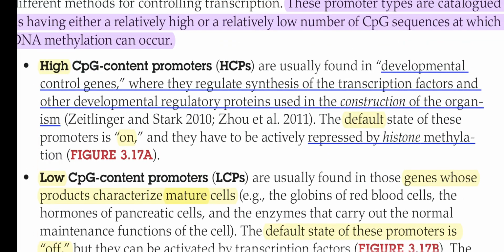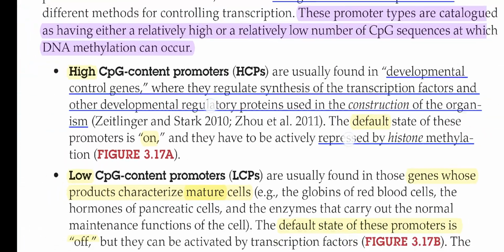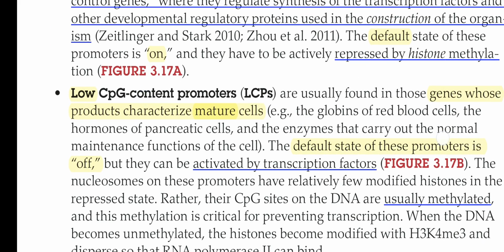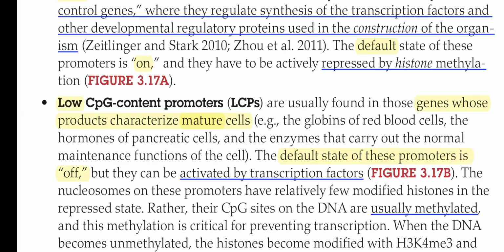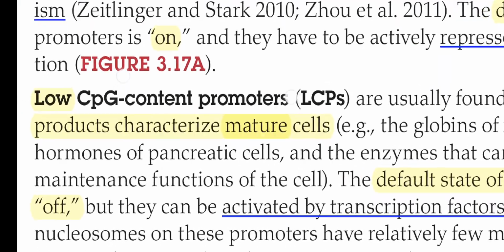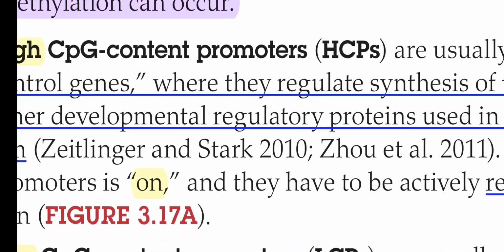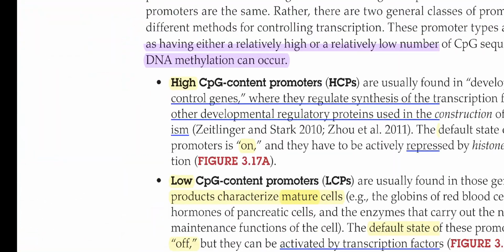High CpG is mostly found in developmental regulatory proteins, whereas low CpG is found in genes whose products characterize mature cells.